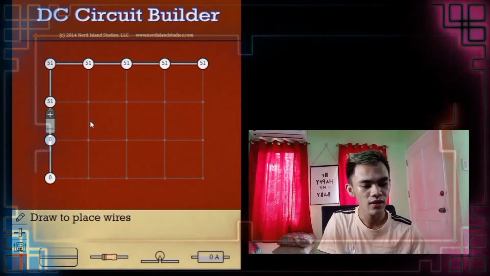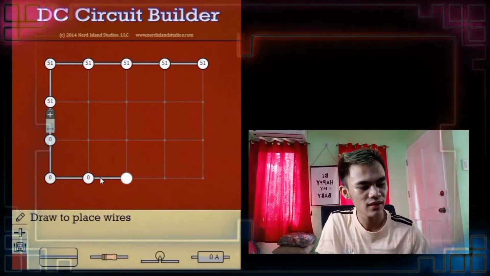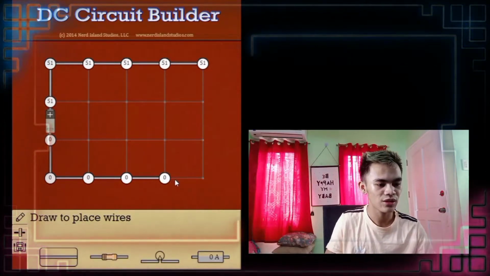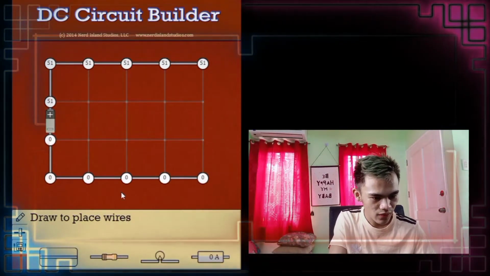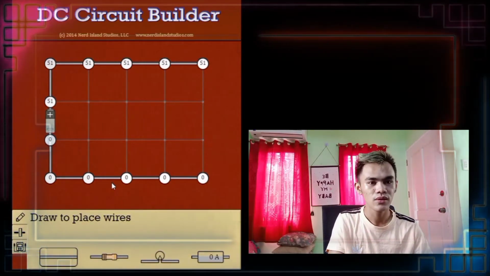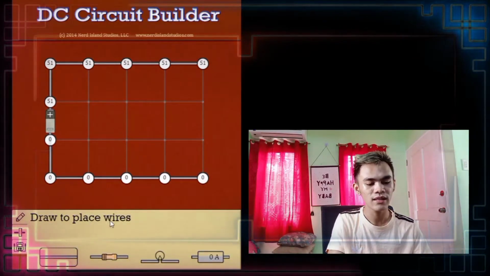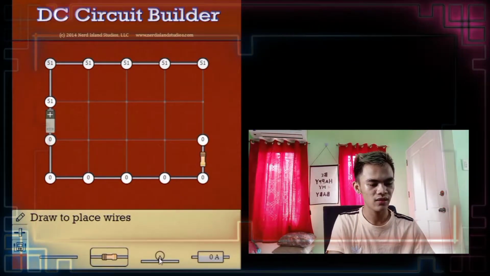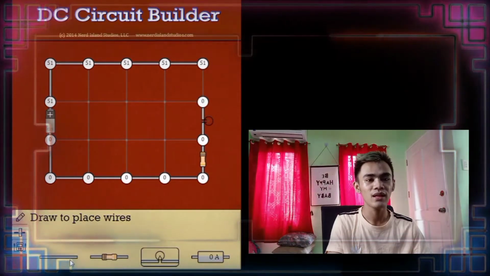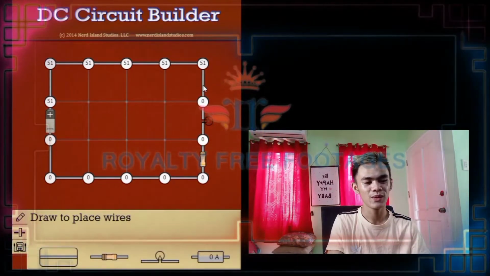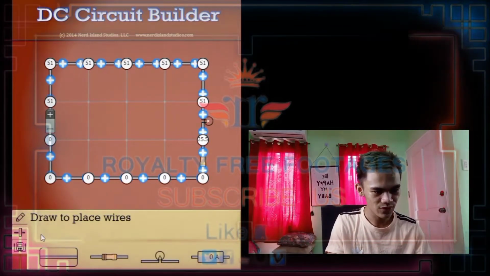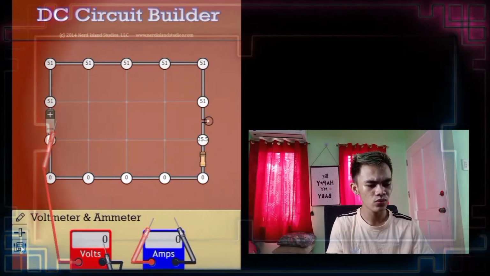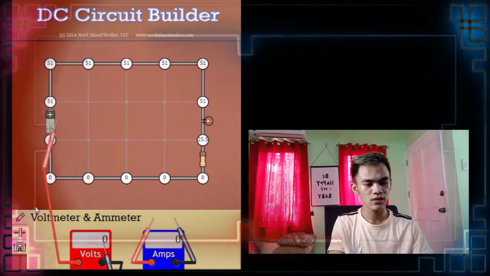We all know that in a circuit, there is only one path for the electric current or the charge to flow. Let's try. I'm placing wires, and then let's put one resistor, a light bulb, and a wire. So we have here one light bulb, and let's try to measure its voltage.